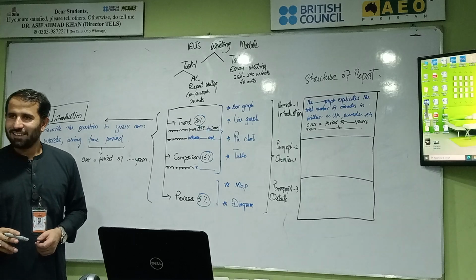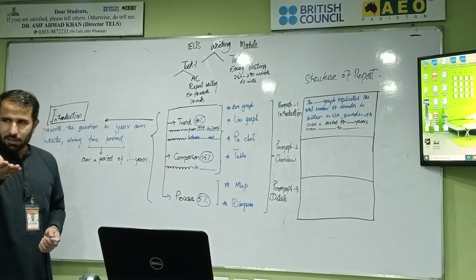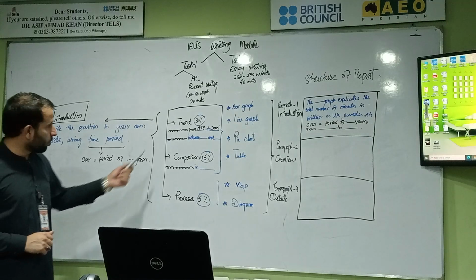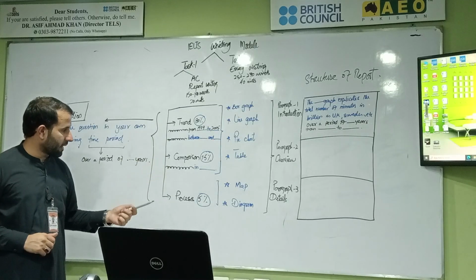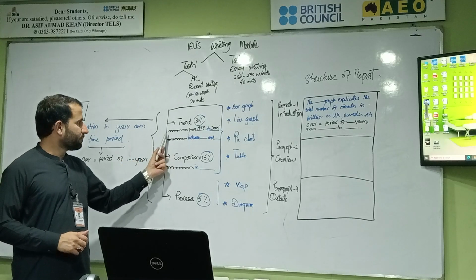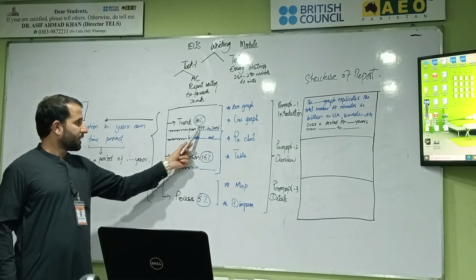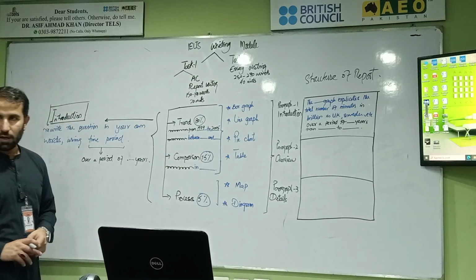This is a trend. How would you know from the question? When a question is provided in front of you, how would you know that it is a trend, a comparison, or a process? How would you know? You will know from this statement. Here would be a statement, and then the date would be mentioned here, 1999 and 2005.